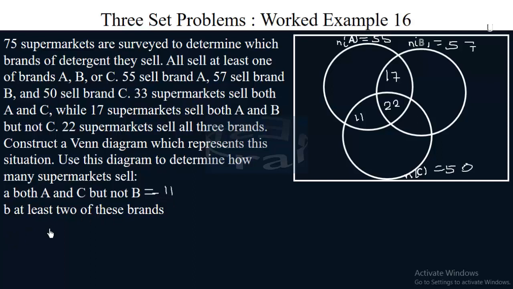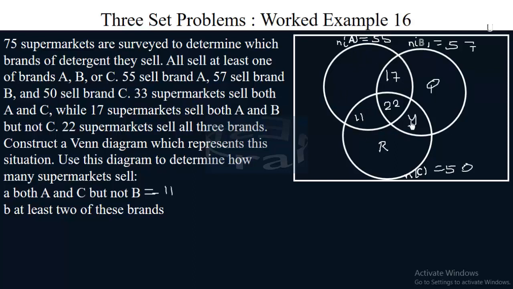Then at least 2 of these brands will be this region plus this region plus this region plus this. So we need to look for this region, say Y. Already we know that all of this will give us 55. There's no variable there.